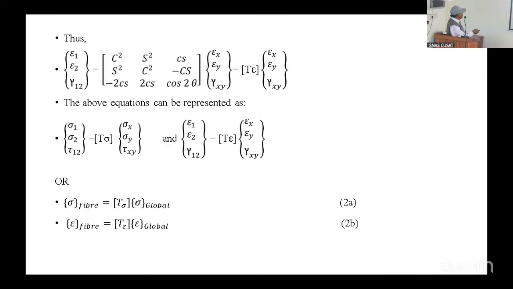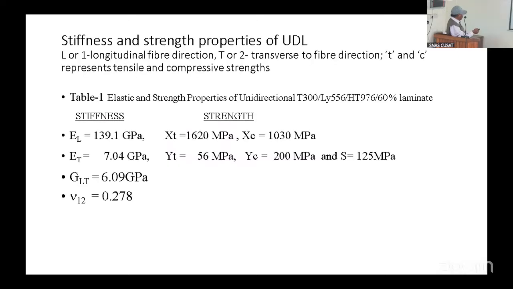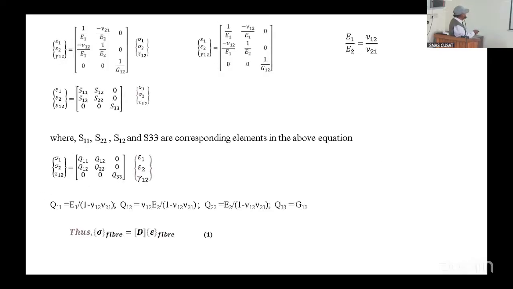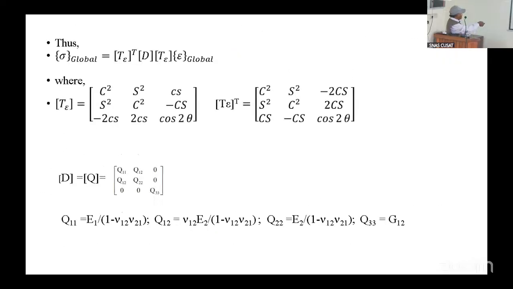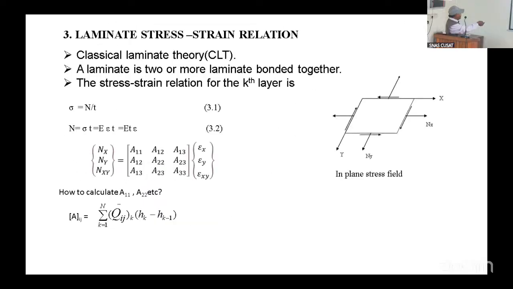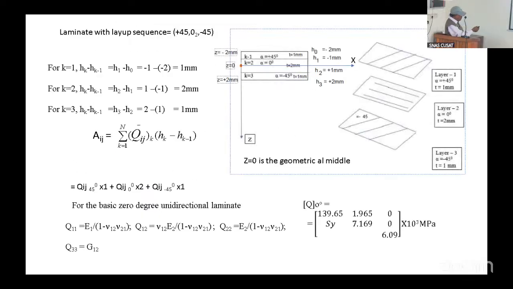E2 is 7, put into Poisson's ratio. Here, nu12 into E2. Nu12 is 0.3, 0.3 into E2 which is 7. 7 into 0.3 becomes this way. Like that, this is the matrix already available for 0 degree.